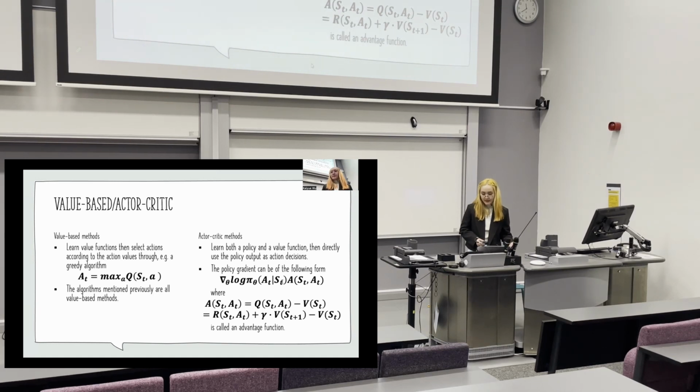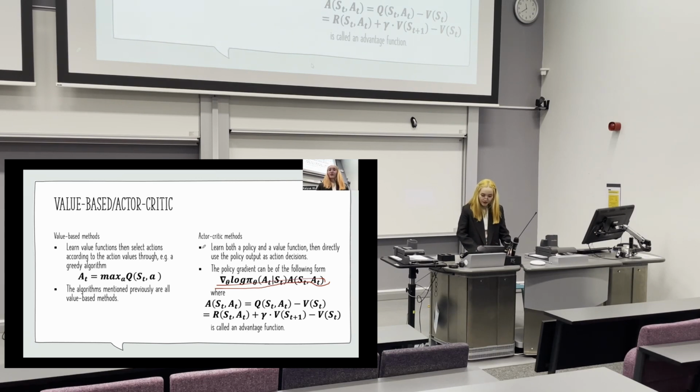A greedy algorithm makes decisions only based on the current information for a local optimum without any consideration about the future. In comparison, the actor-critic methods learn both the policy and a value function, then directly use the policy output as action decisions. Here, I present the common form of the policy gradient, this one.